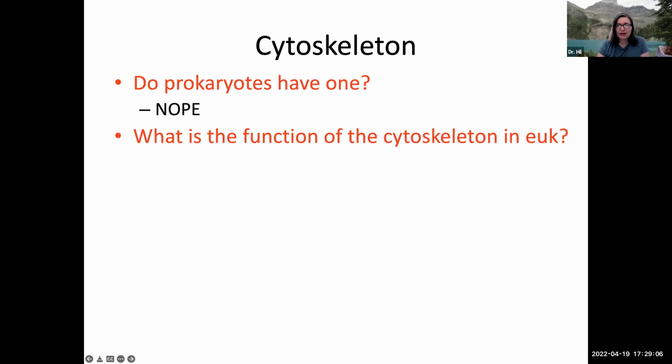Now, in eukaryotes, the cytoskeleton is composed of 3 major types of filaments, and there are lots of different things they do. Just list one thing in the chat that you know the cytoskeleton does. There are 3 different filaments, so some do some things, some do others. So the cytoskeleton can support the shape of the cell.